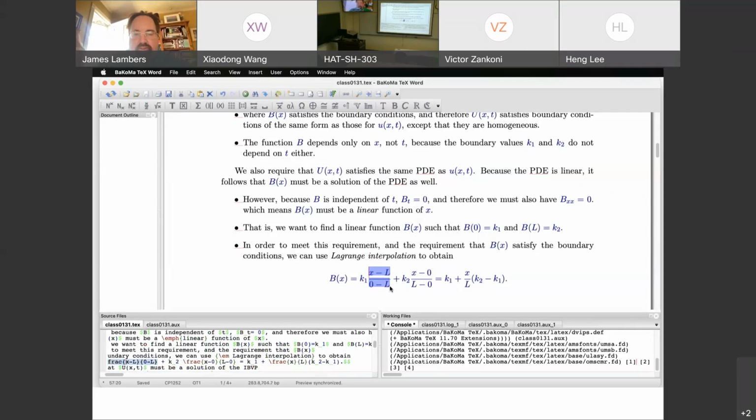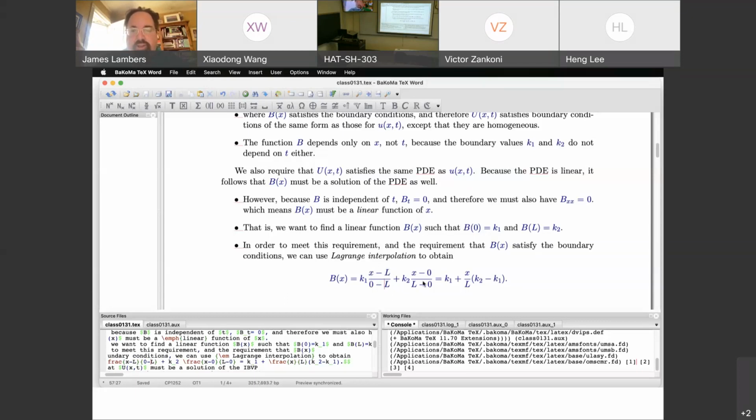I want this fraction here to be equal to 1 when x equals 0 and equal to 0 when x equals L. And you can check that yourself here. If I plug in x equals 0, top and bottom will cancel and I get 1. If x equals L, the numerator disappears, so the whole thing is 0.